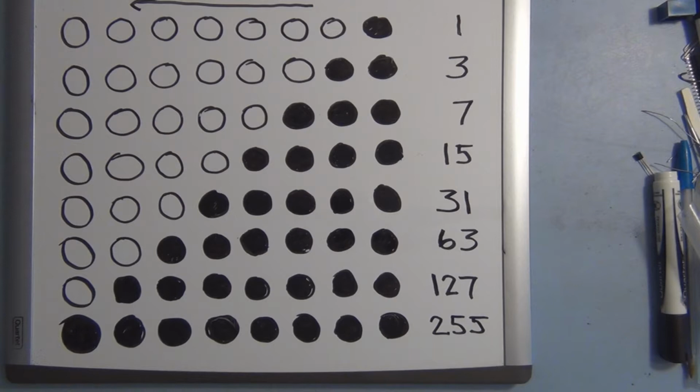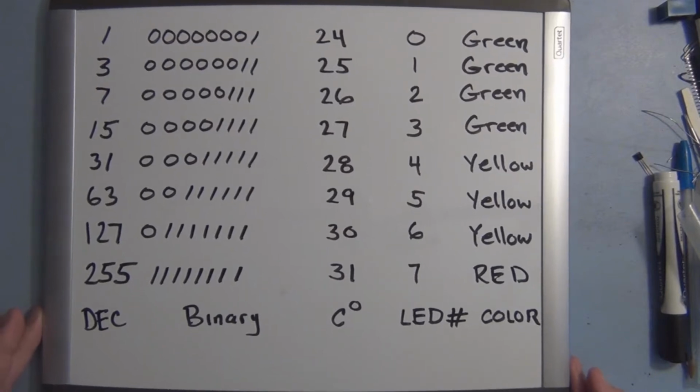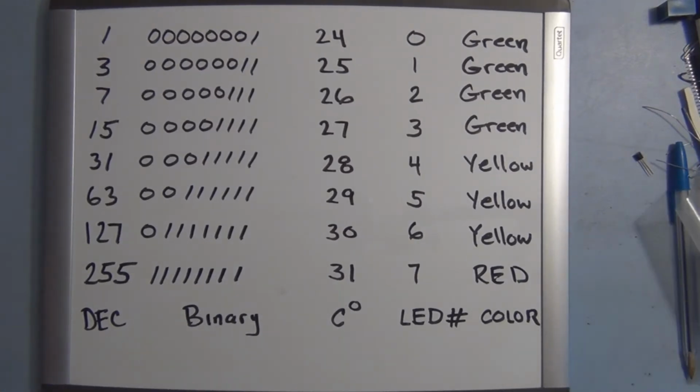So I've tried to summarize the relationship between all the numbers that we're going to manipulate in the program. This is what it looks like. We have these decimal numbers which have these binary representations, and we have to pick a range of temperatures.